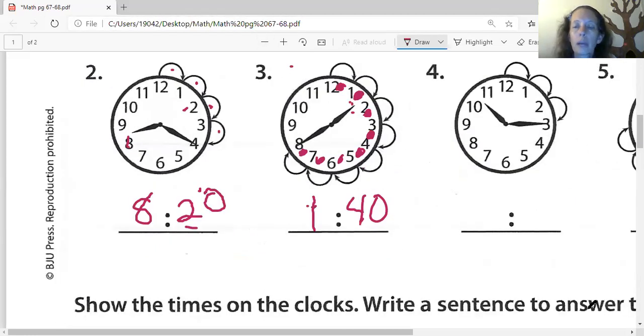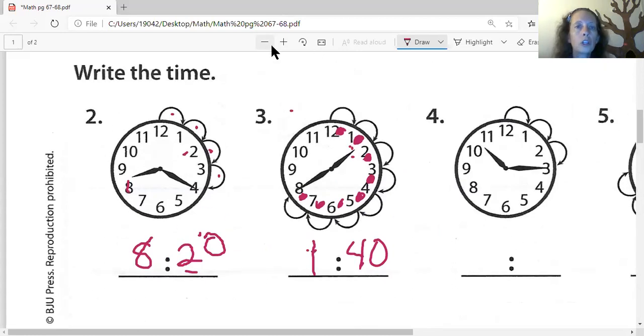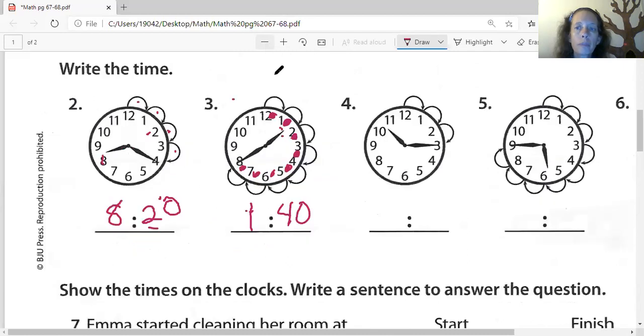Okay, now we're going over to number 4. I want you to try to guess the hour. Just guess the hour. When you have guessed the hour and written it in here, raise your hand. All right, thank you.